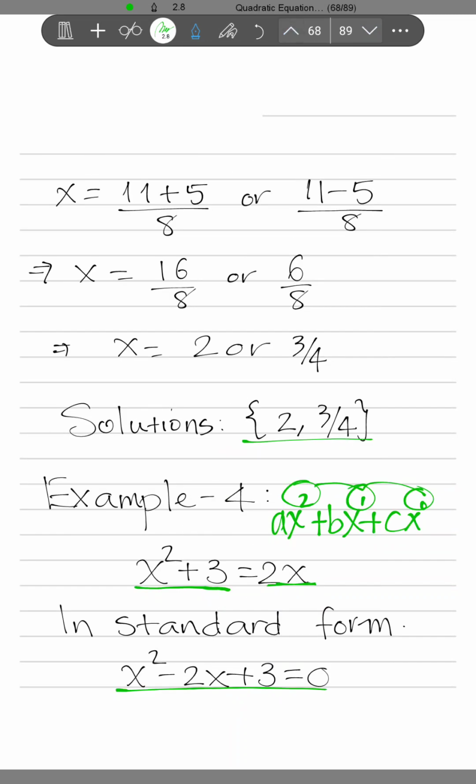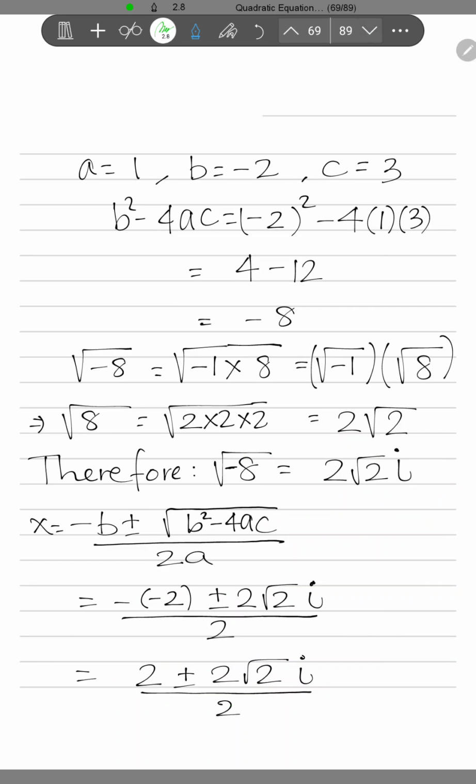Here, in x squared minus 2x plus 3 is equal to 0, a is 1, b is minus 2, and c is 3. b squared minus 4ac, which is the discriminant, is minus 2 squared, which is 4, minus 4 times a, which is 1, times c, which is 3, so minus 12.